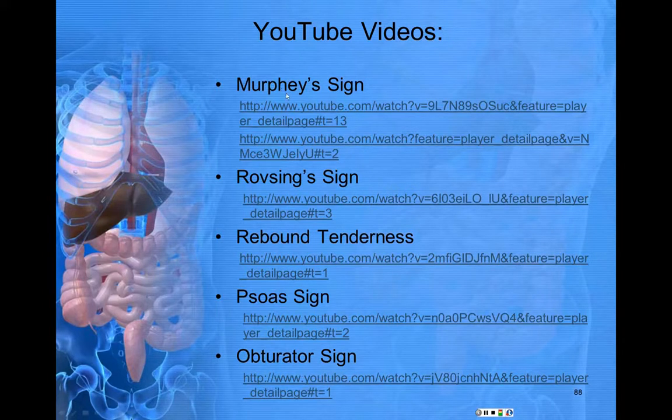Murphy's sign is typically used to evaluate for cholecystitis or gallstones, and then these others are used to evaluate for appendicitis or peritonitis.